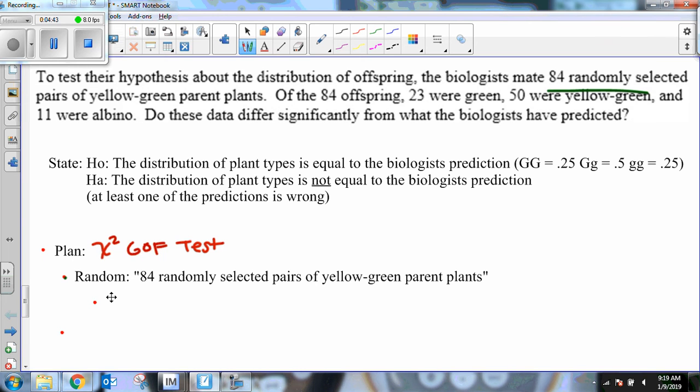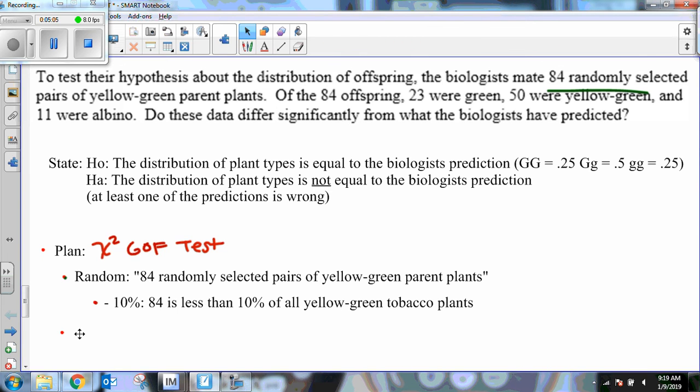We know that it's random, okay? So then, because I did an SRS, I have to check the 10% condition. 84 is less than 10% of all yellow-green tobacco plants, and I'd say that's pretty safe. I'm sure there's a lot more out there than 840 tobacco plants.